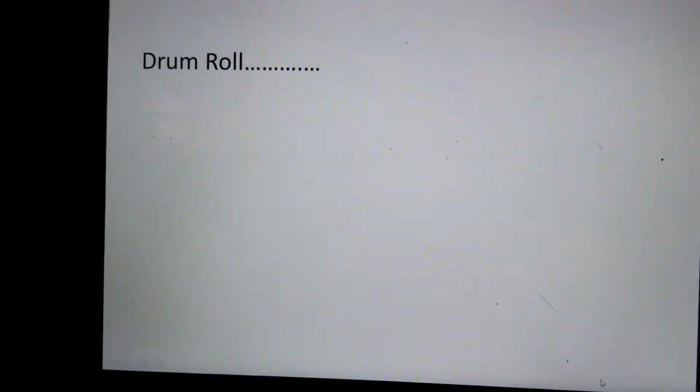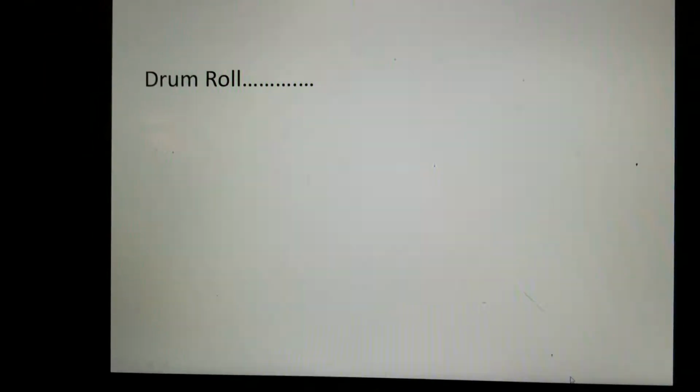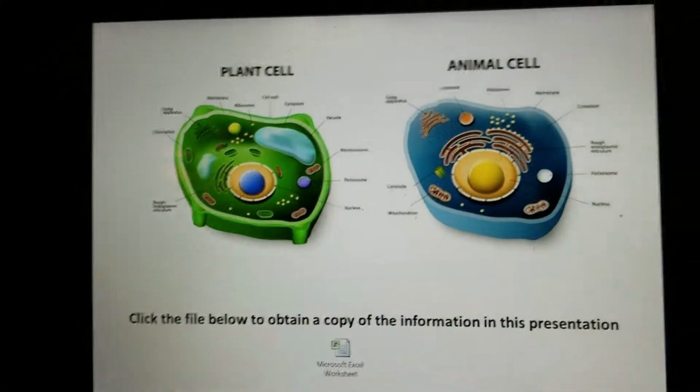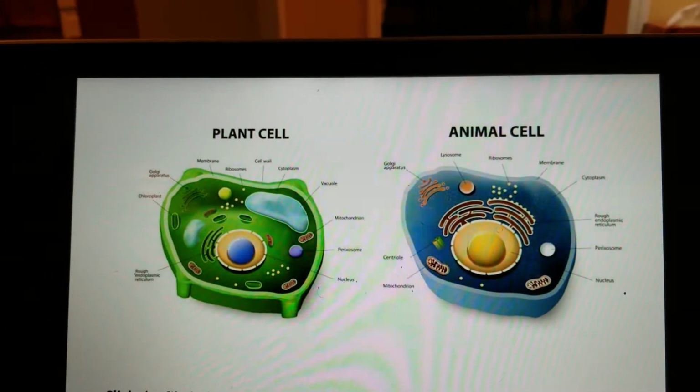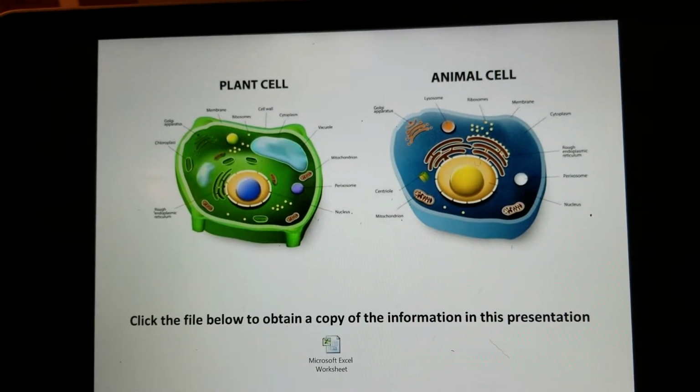So, drum roll please. And what do you think? The green is your plant cell and the blue is your animal cell.